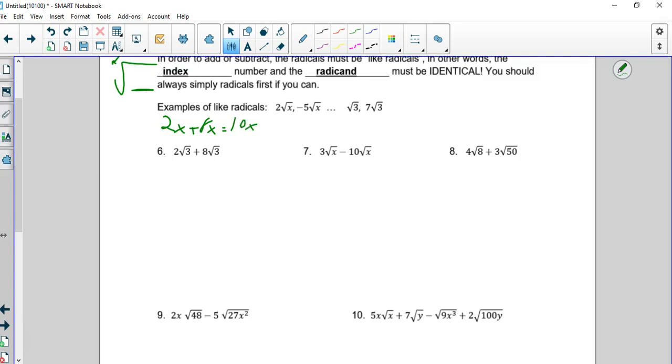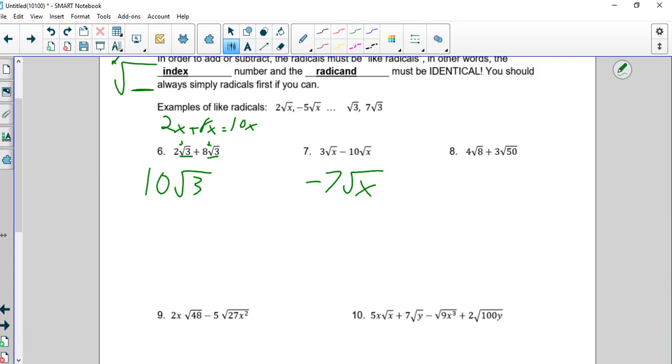You could not do 2x plus 8y. They're not like terms. You can't join them. So, in this case, since these are both square roots, and they're both radical x, the same variable, 2 of these plus 8 of these is 10 of these. Over here, 3 of these, take away 10 of these is negative 7 of these. What are they? Radical x, square root of x.